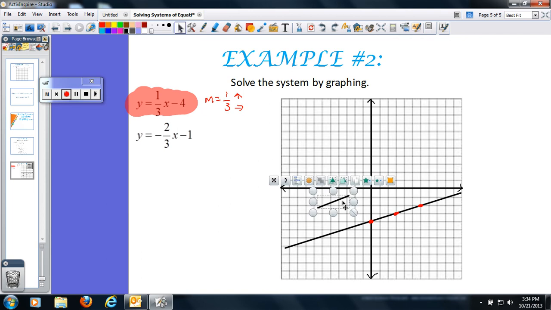I do not know why my lines won't change color now, but oh well. So I'm going to go ahead and put my arrowheads on this. I don't necessarily need to label these points, okay?